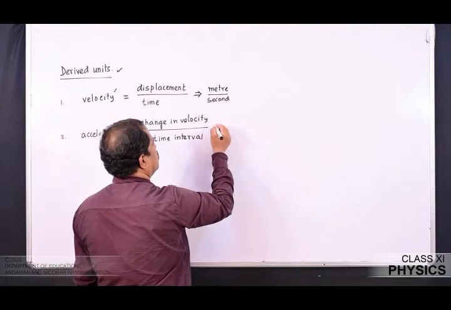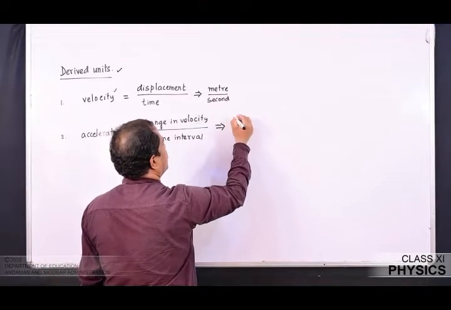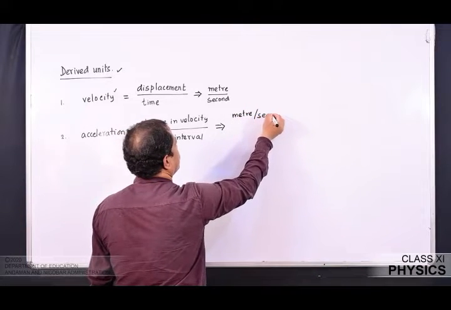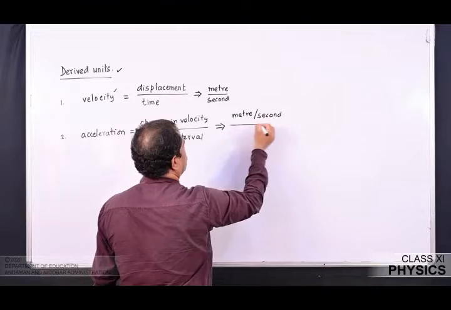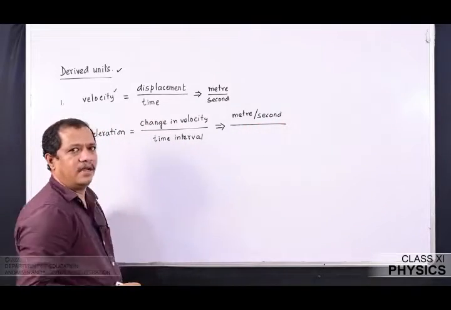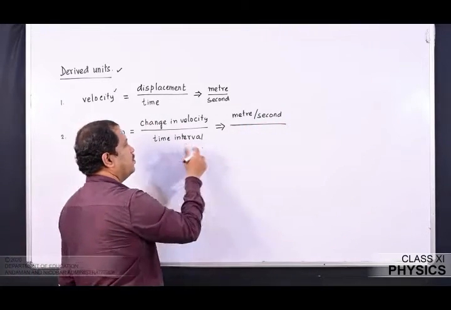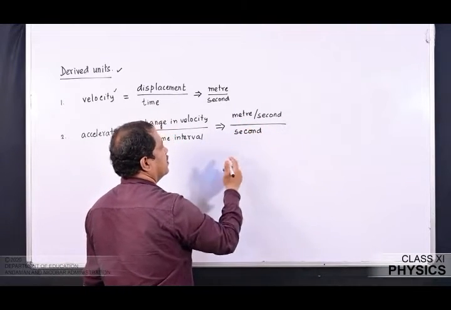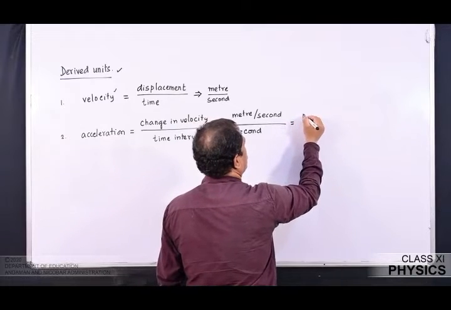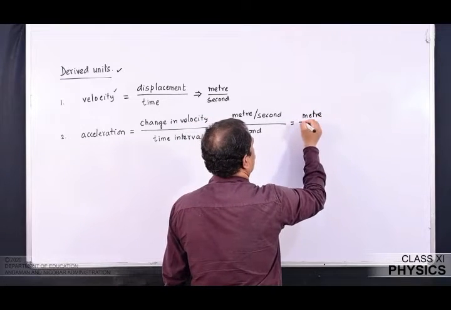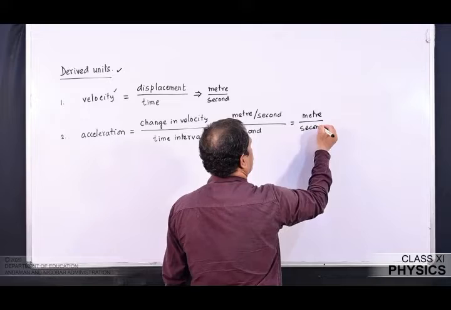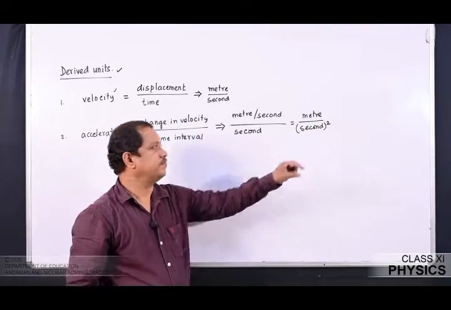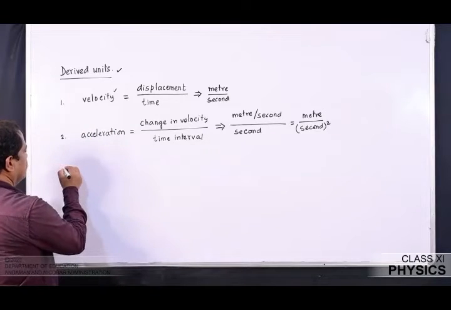Therefore, the numerator is going to have the unit meter per second, and at the denominator I have time interval, which has the unit second. If I rewrite this, it is going to be meter over second square. So, this will be the unit of acceleration.